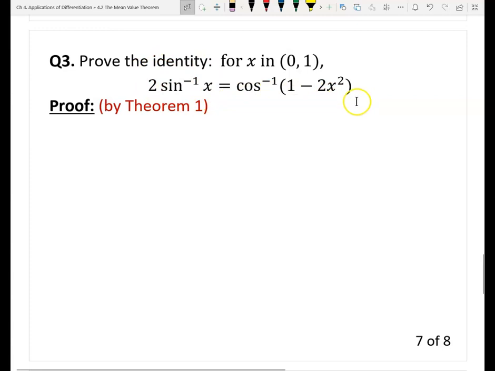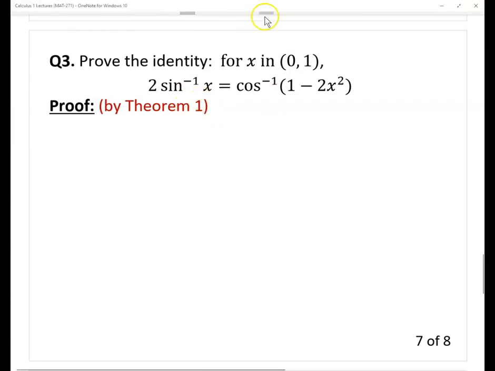If we set up the function as the left minus the right, the function equals 0, a constant number. Do you remember theorem 1? How to verify a function equals a constant number? All we need is to find that the derivative equals 0, right? So these types of questions are super easy. All you need to do is just do the calculation and find that the derivative equals 0.